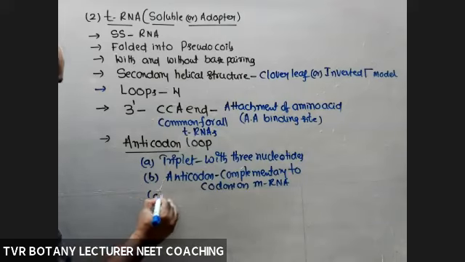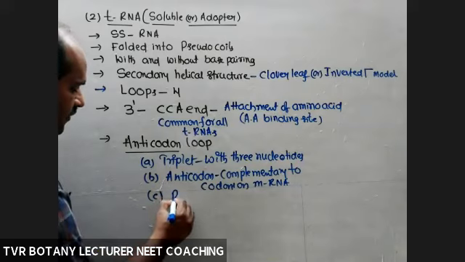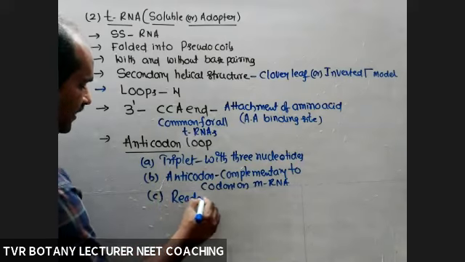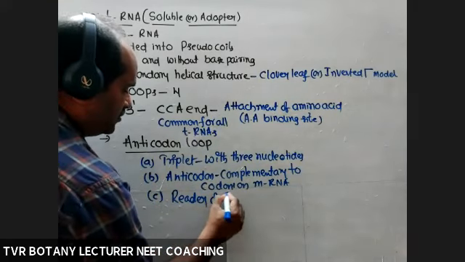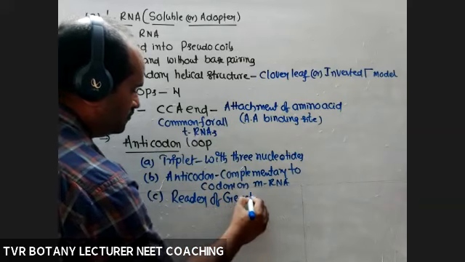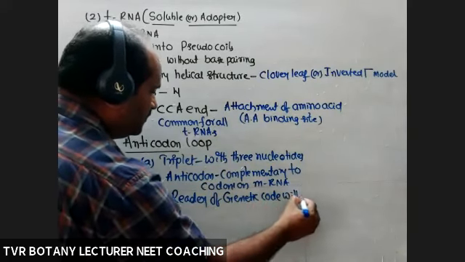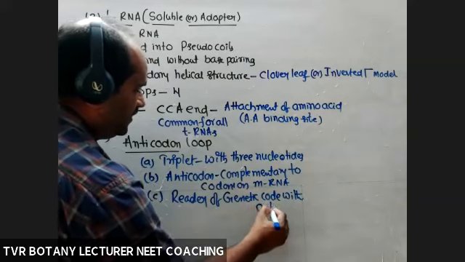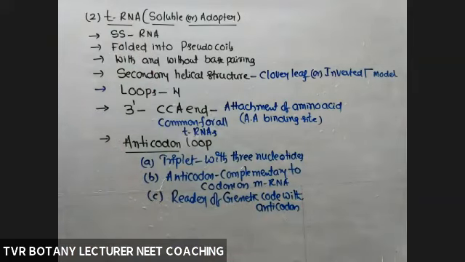Next, tRNA is a reader of the genetic code with the anticodon. So the anticodon is a variable that depends on the type of tRNA molecule.